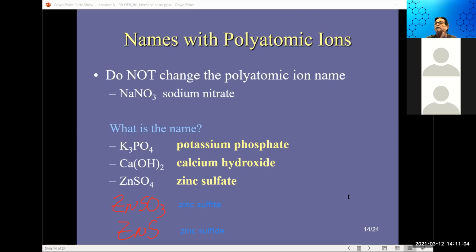That's the correct formula. So the sulfide has one less oxygen than the sulfite, and the sulfate. So you see the naming there, how it could be confusing, the -ate, the -ite, and the -ide. Hopefully you can see there how you can distinguish between those 3 choices.